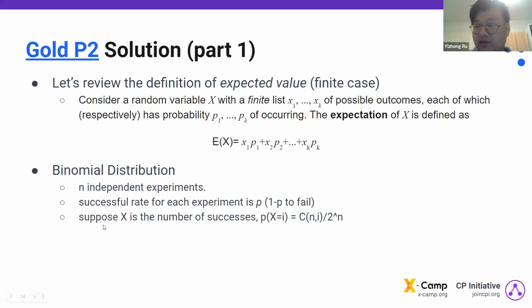Then for one submission, we suppose x is the number of successes, which means the score we get. Then P(x equals i) is C(n, i) divided by the nth power of 2, where C is the combination. Do you know C?